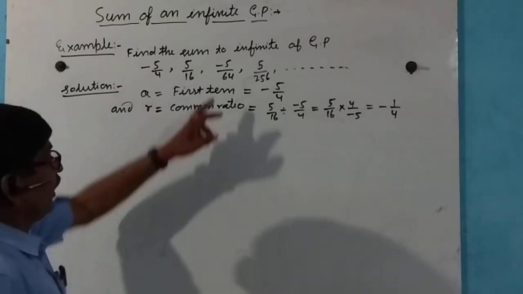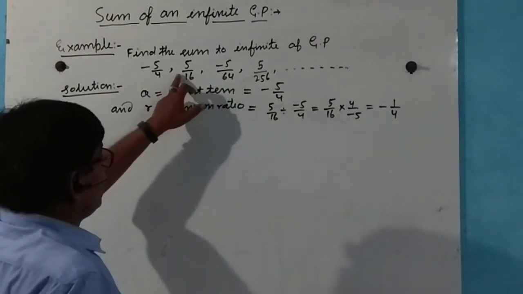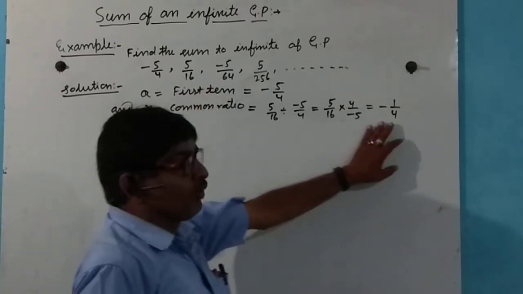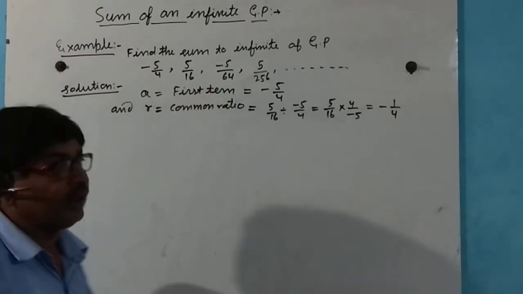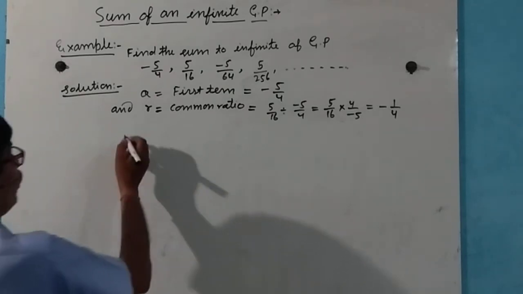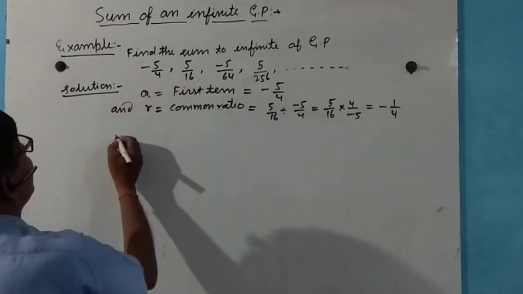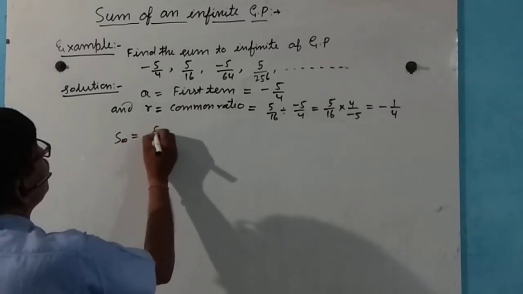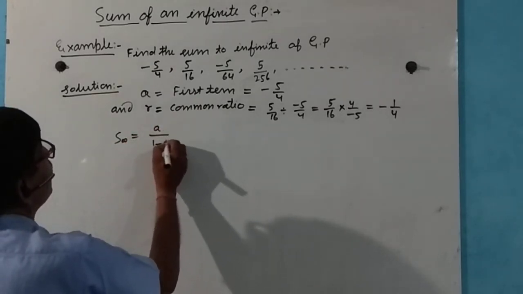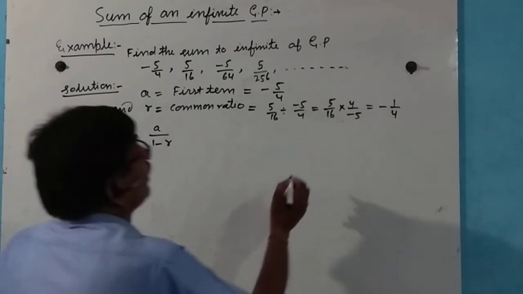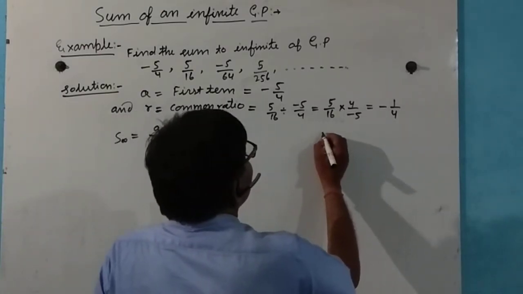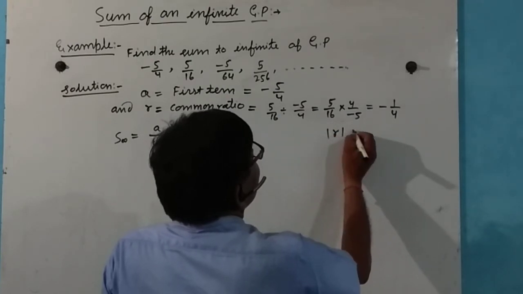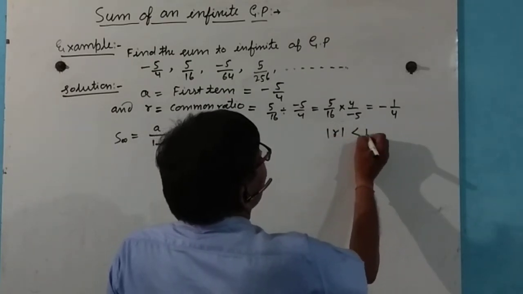Again, dividing the next term by this one also gives minus 1 by 4. This is the common ratio. As you know, the sum of infinite terms S infinity equals A by 1 minus R, and here mod of R is less than 1.